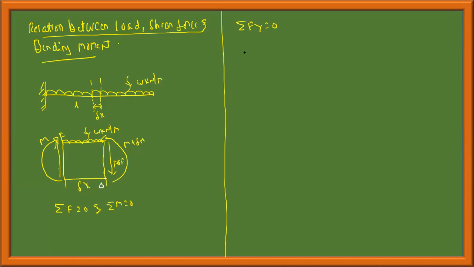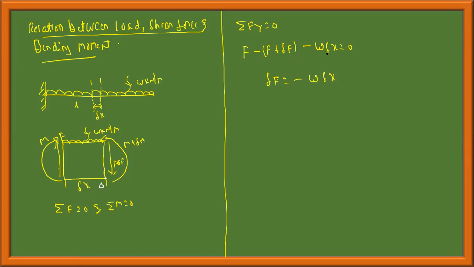I can write F minus (F plus delta F). The magnitude of this load W is W into delta x acting downwards, minus W into delta x is equal to 0.